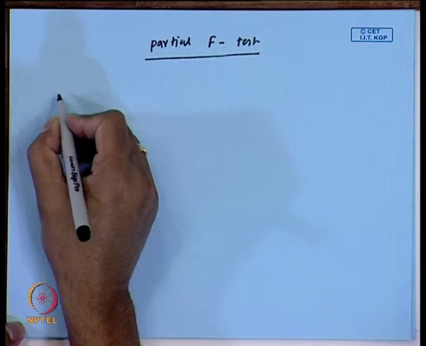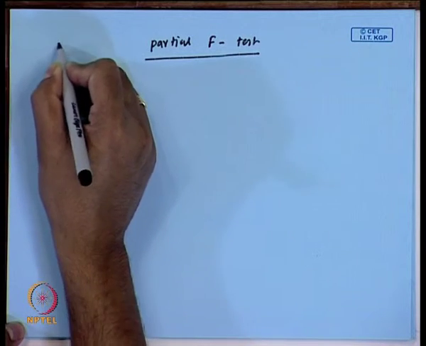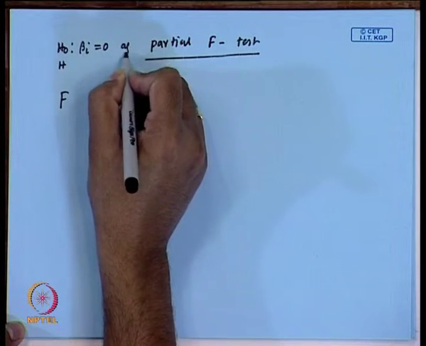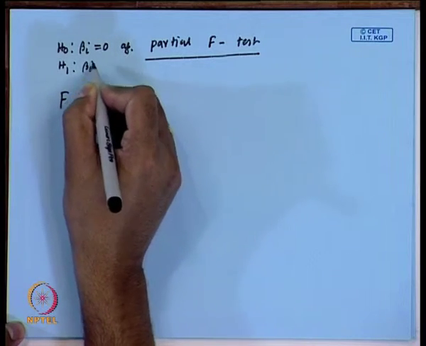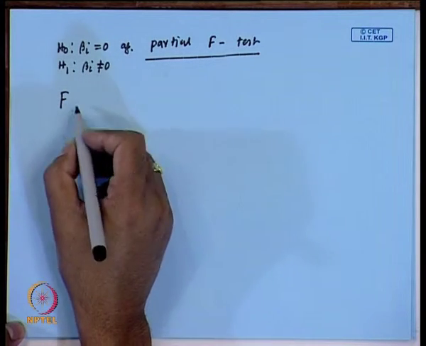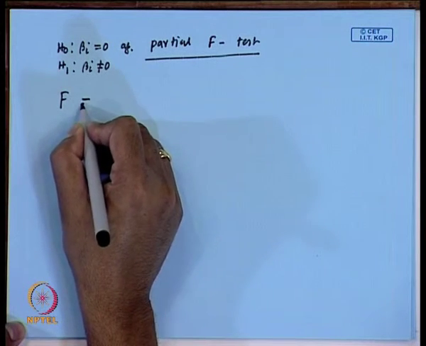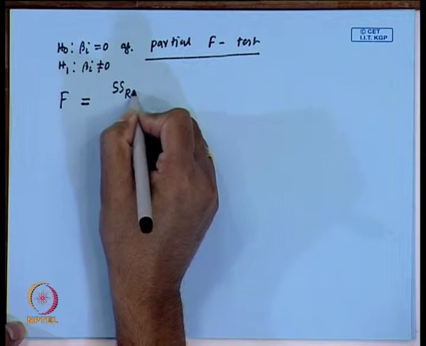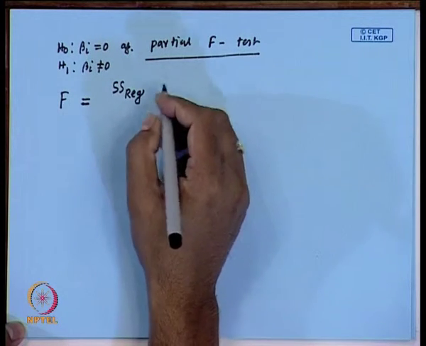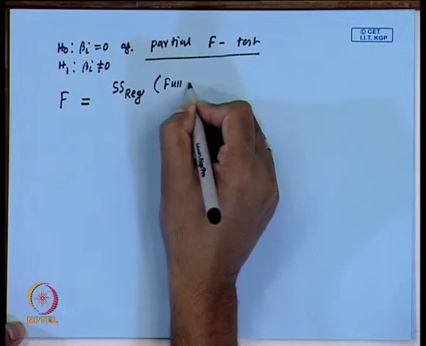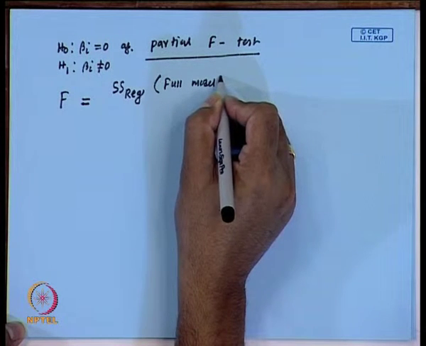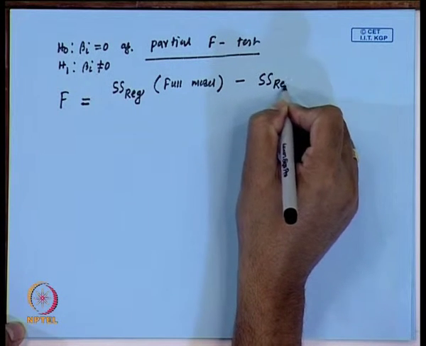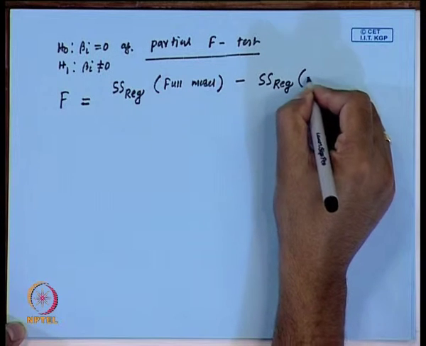The test statistic to test H naught: beta i equal to 0 against H 1: beta i not equal to 0 is F, which is equal to SS regression for the full model minus SS regression for the full model except x i.